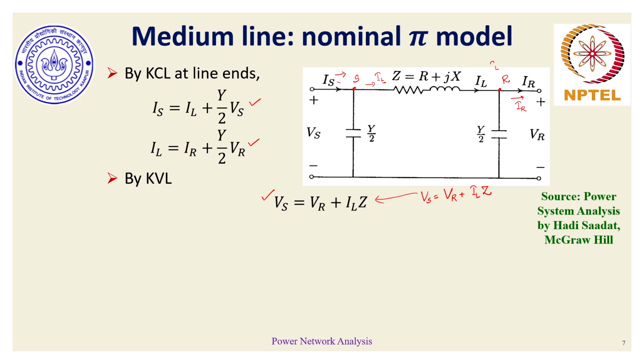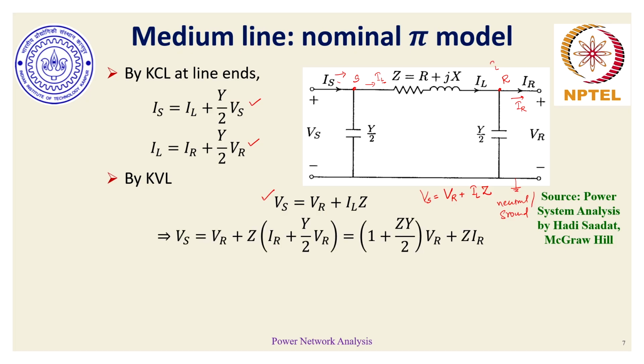Vs, VR, Is, IR, IL are all per phase quantities for a per phase equivalent representation. And as I mentioned earlier, the potential is measured with respect to neutral or ground. So we can always rewrite these equations in terms of well-known parameters for two-port networks. For transmission lines, generally ABCD parameters are common.